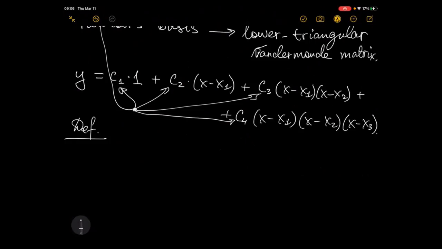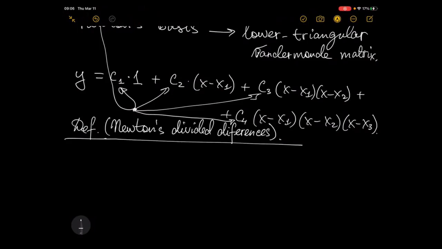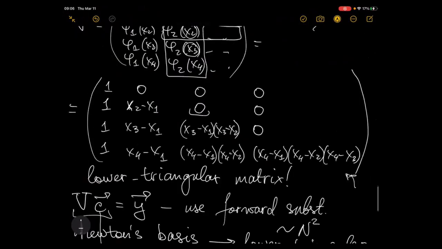So it's a definition of Newton's divided differences. Essentially, you can get these Newton's divided differences if you just apply Gaussian elimination for this matrix.